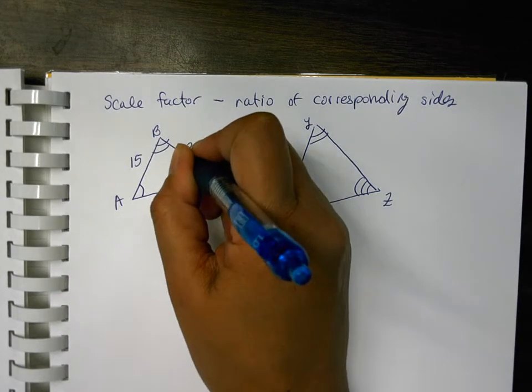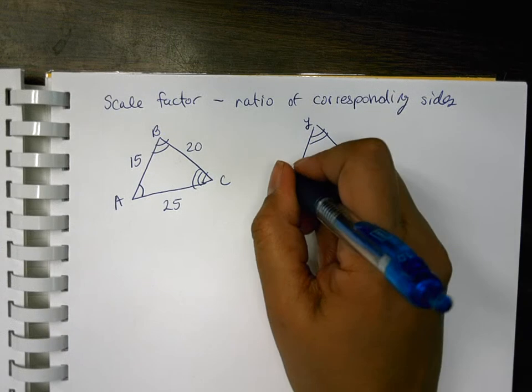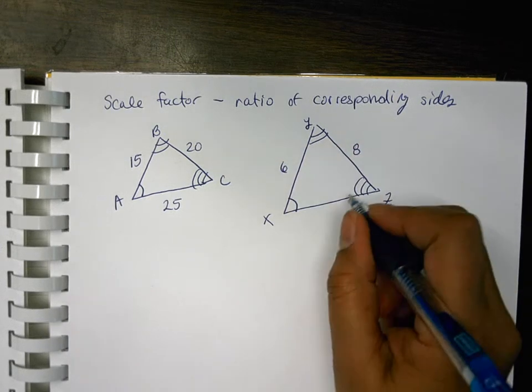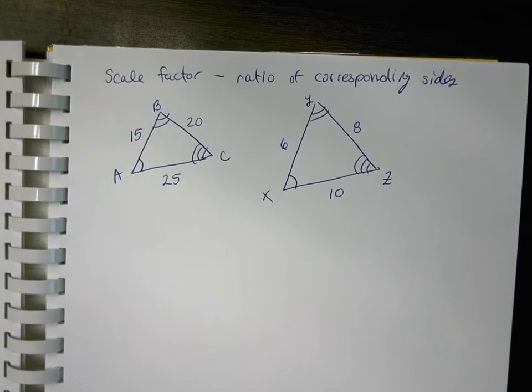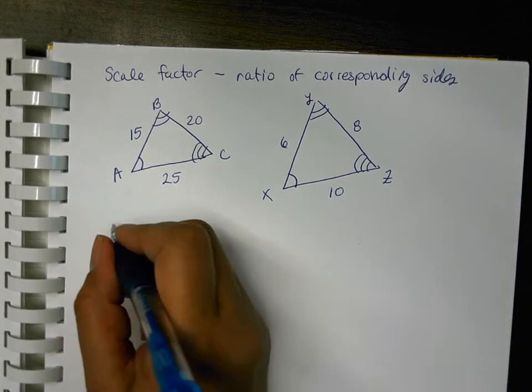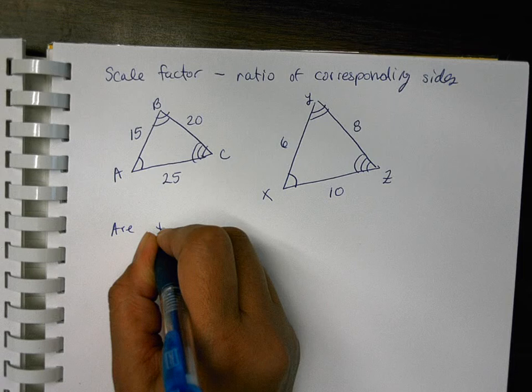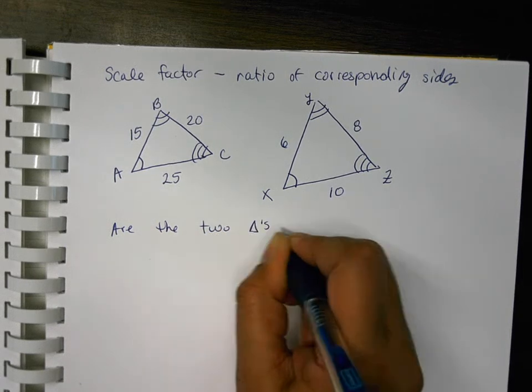15, 20, 25. This one is 6, 8, 10. Got it? All right. Are the two triangles similar?